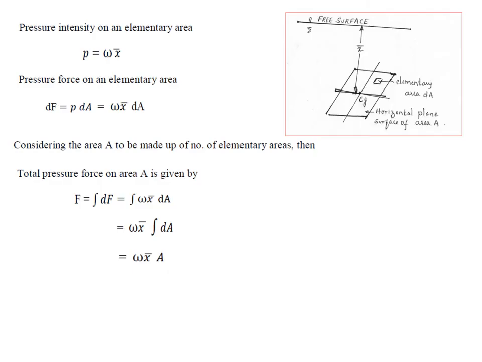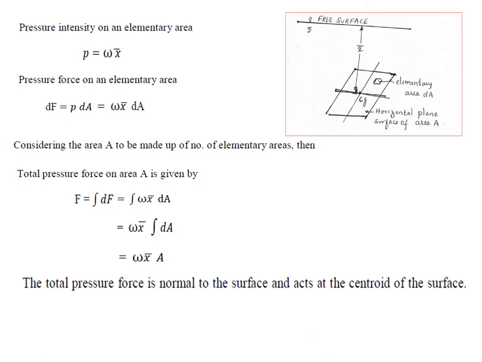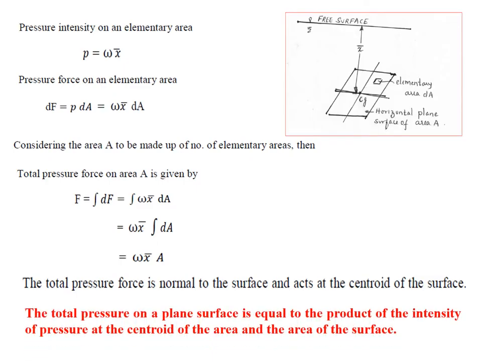So what is omega x bar? It is nothing but the pressure intensity acting at the CG, multiplied by the total area, which will give you the total pressure force. So the total pressure force, which is normal to the surface, will be acting at the center of the surface, and that is nothing but the product of intensity of pressure at the centroid of the area multiplied by the area of the surface.